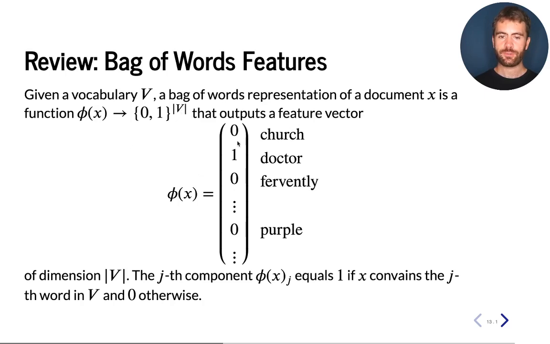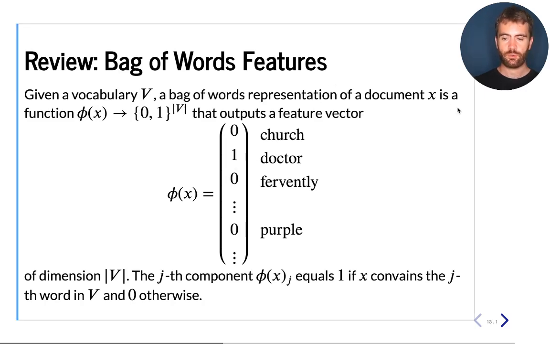Then the feature representation of X is a long vector with one component per word, and at that component we have either a 0 or a 1, depending on whether we find this word in X or not. So here we have 0 at the first index because the word church is not found in X. We have 1 at the second index, for the word doctor, because doctor is found in this input X. So this is our definition of bag of words feature representation.